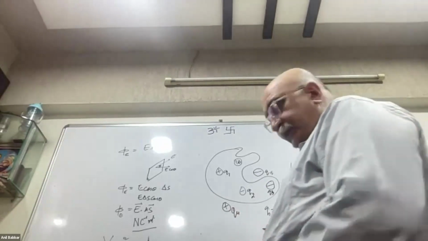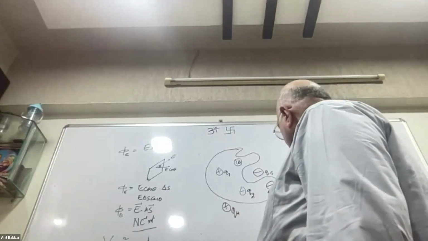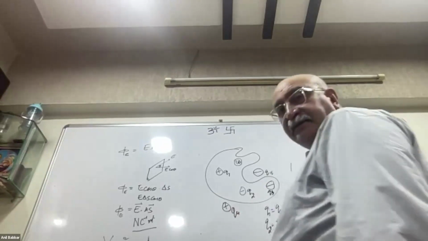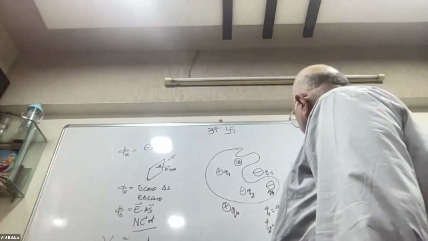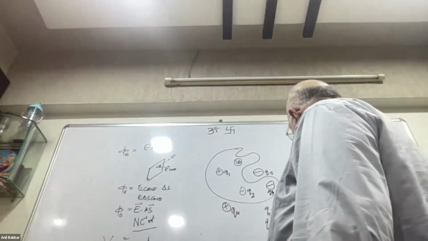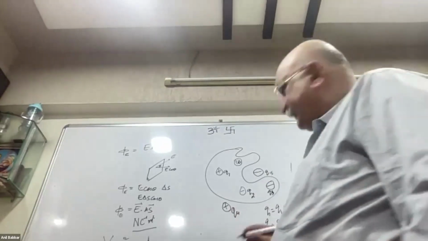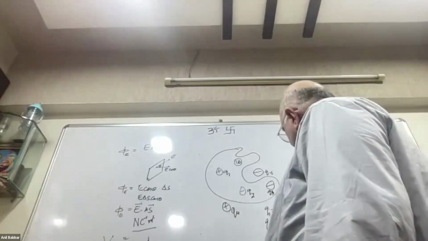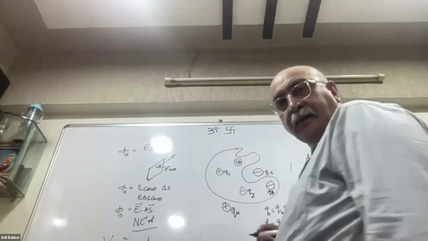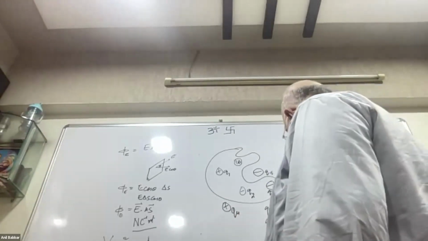Then Q2 and Q5 are equal to minus 5.9 nanocoulomb. And Q3 is given as minus 3.1 nanocoulomb.